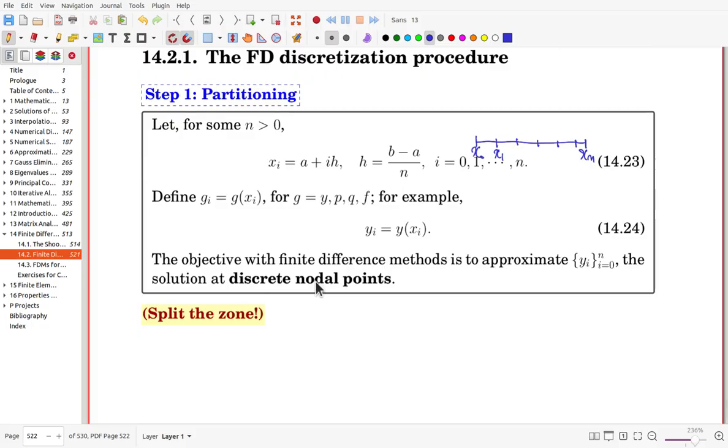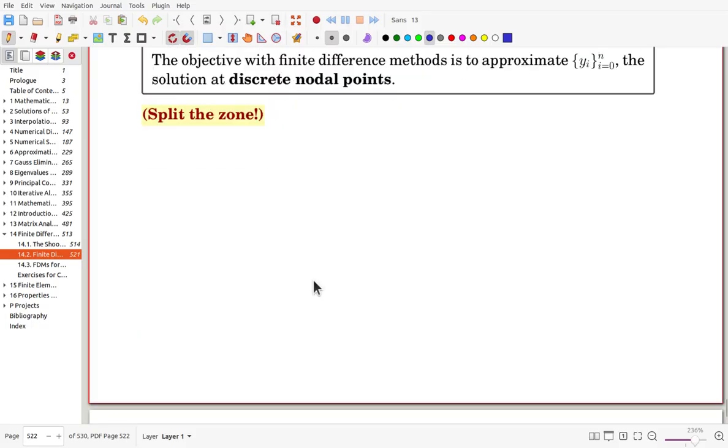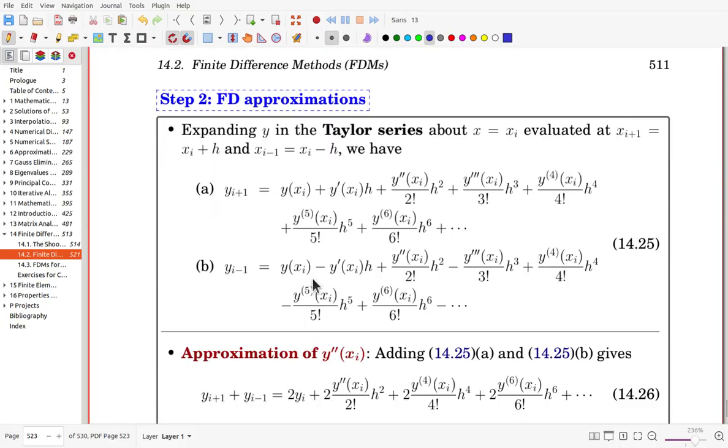So in the beginning, we split the zone, the interval. In the second step, we have to recognize unknowns by using the Taylor series, the Taylor formula.